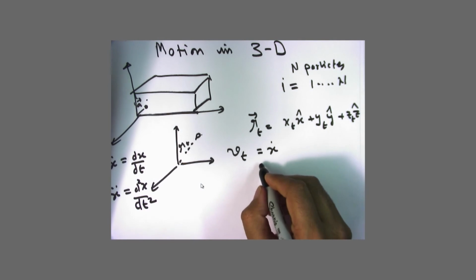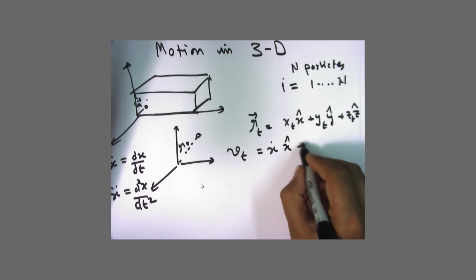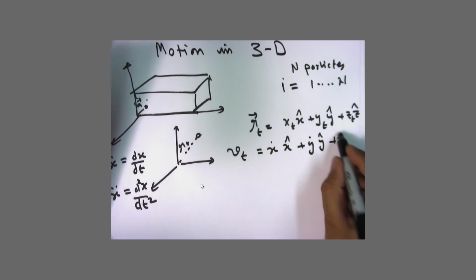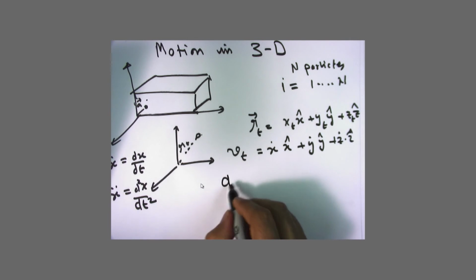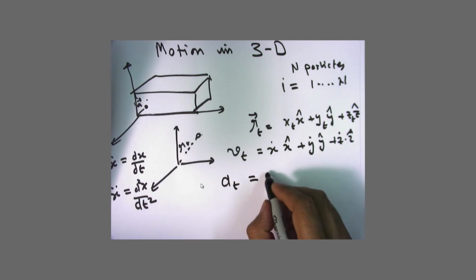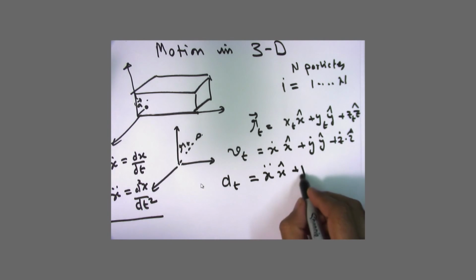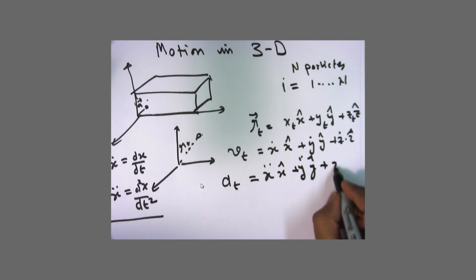So, if you look at the velocity vector here, then it will become that plus y dot y cap unit vector plus z dot z cap. Now, if I want to take acceleration a(t), then it will become x double dot, which is given here, times x cap, plus y double dot y cap plus z double dot z cap.